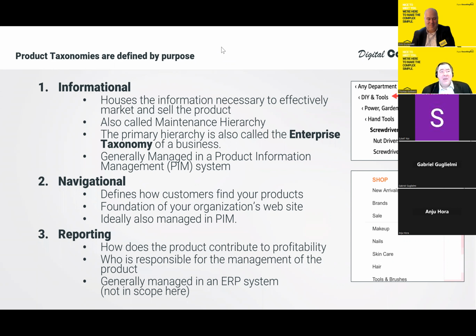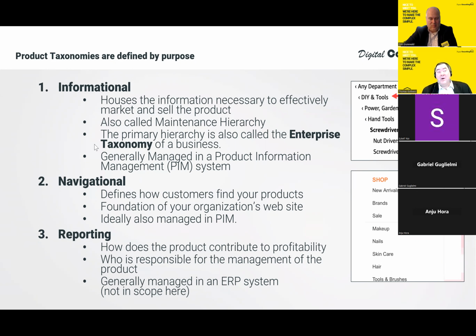And lastly, we're not going to talk about this one too much here, but there's reporting taxonomies as well, and that really defines how your products contribute to the overall profitability of your organization. Contribution margin is sometimes included in something like that, and also who's responsible for the management of those products, right?